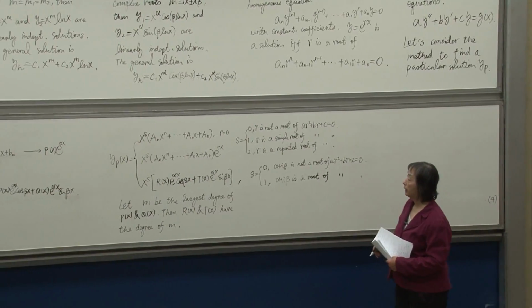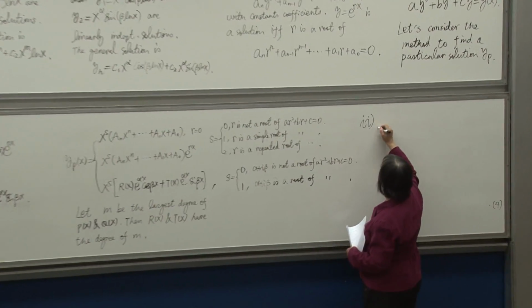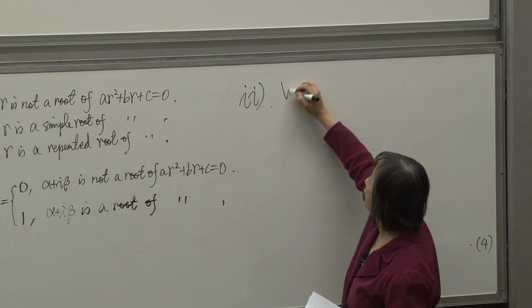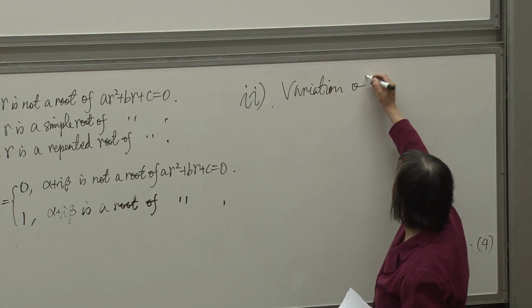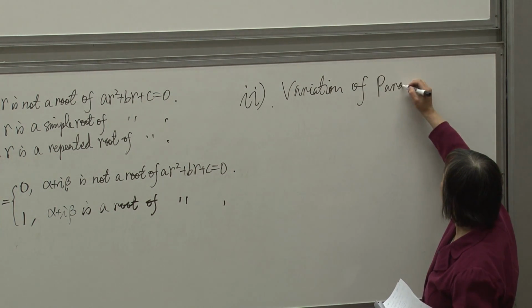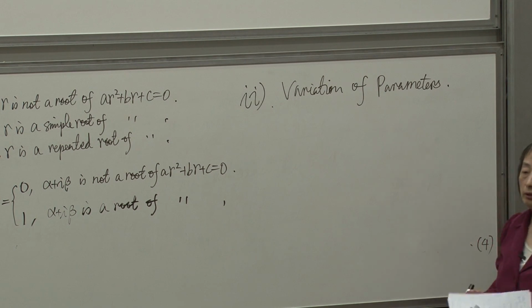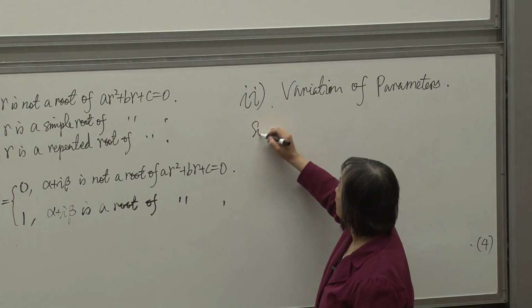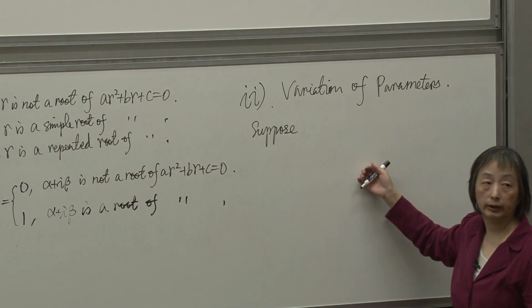Now, let's look at the second method to solve for a particular solution. It's called variation of parameters. So let's see how we find a particular solution using the second method. Using the second method, we have to have an assumption.